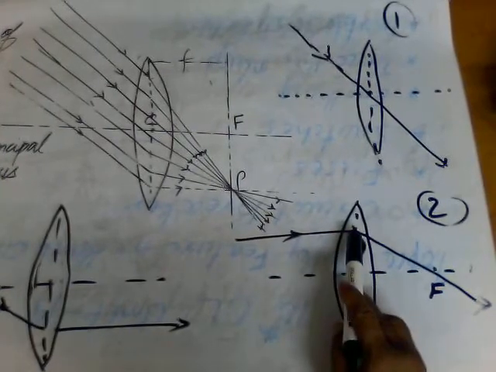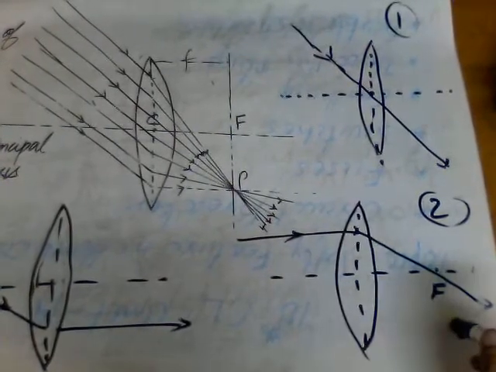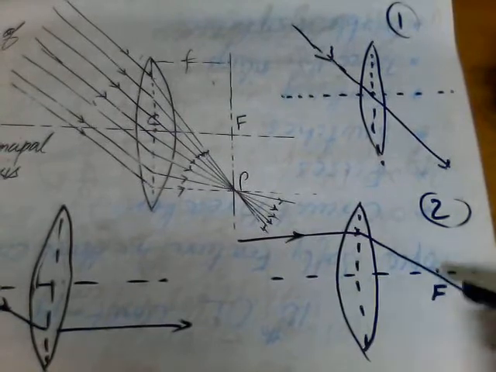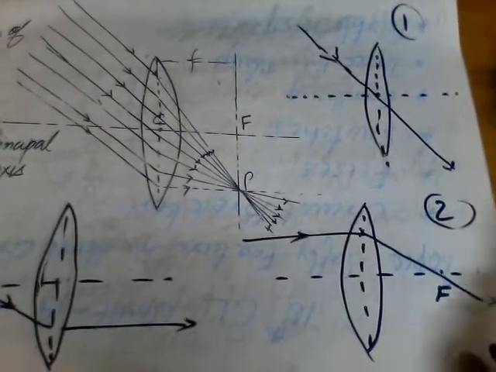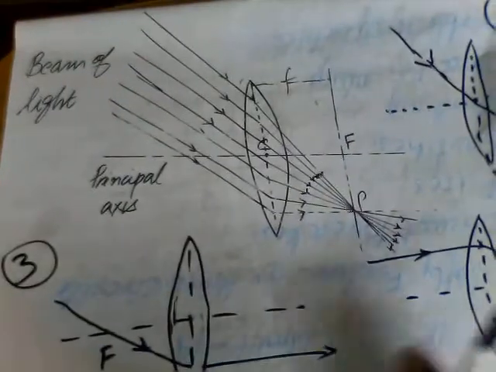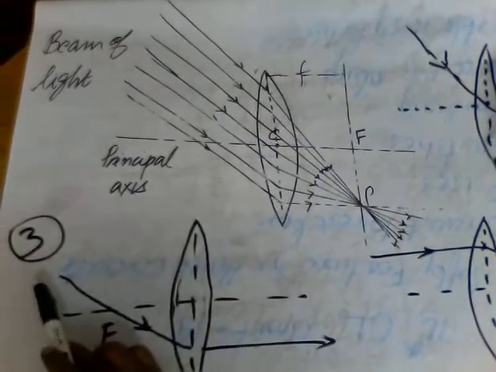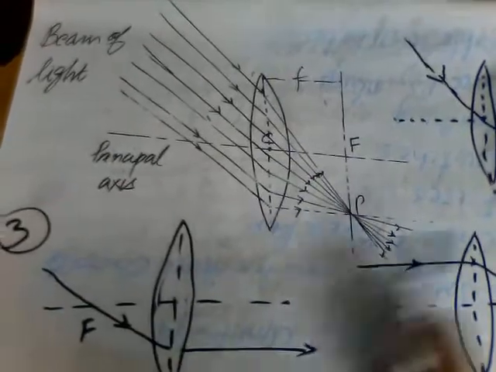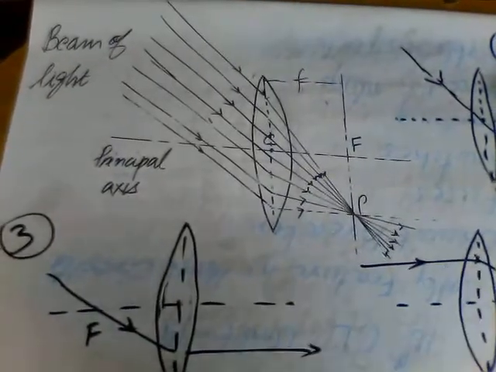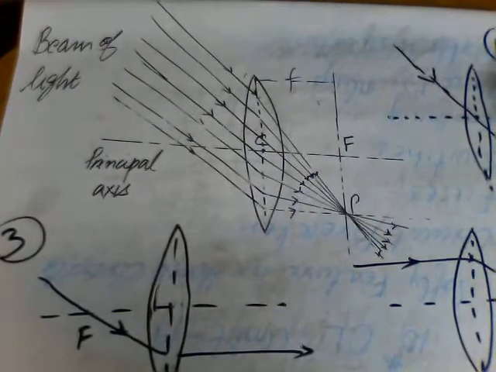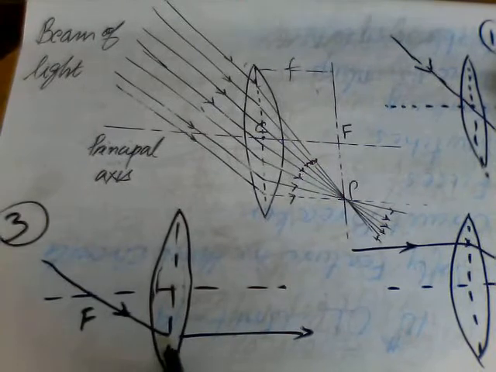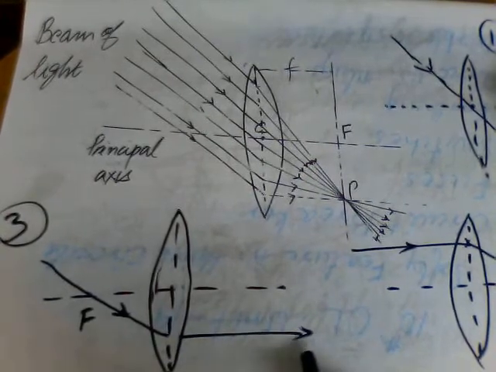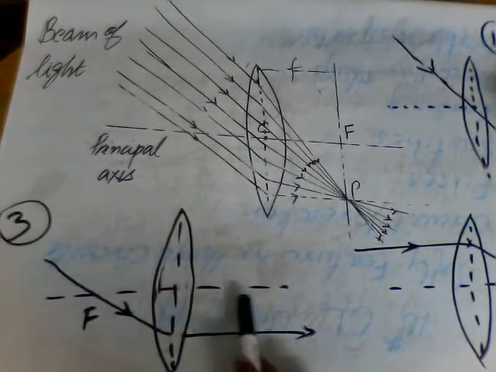It bends and passes through the principal focus on the other side. And the third case is this: if the light rays first pass through the focal point and refract through the converging lens or convex lens, they will bend at 90 degrees, parallel to the principal axis.